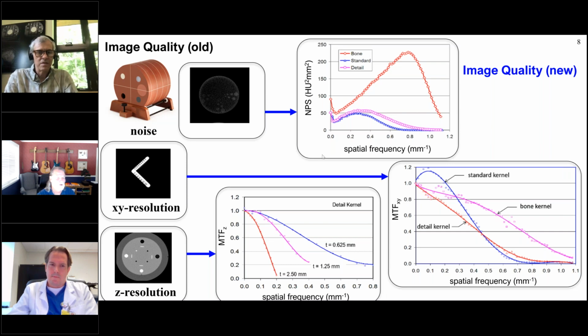For spatial resolution, which refers to the ability to see small detail, the traditional module in the phantom is just a bar pattern that's really been used since the beginning of radiology. What we propose is to measure what has become a default standard, and certainly the vendors use this, the modulation transfer function.